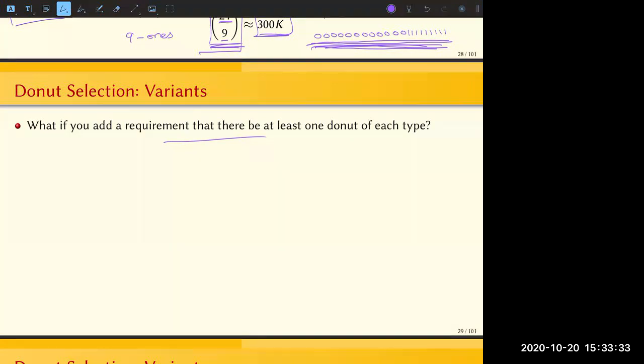Well, if you have to have one donut of each type, wouldn't then the... I'm not sure what the equation would look like, but it'd be something with a factorial because you'd have to reduce the options you have each time you multiply, right? Right.